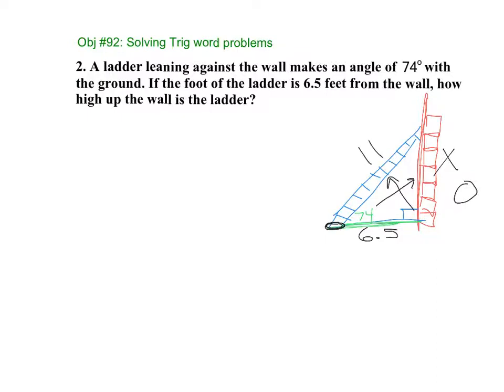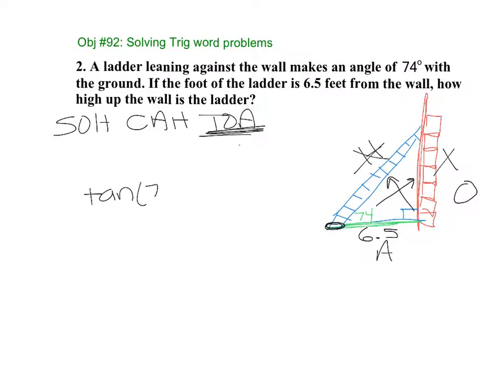The ladder is our hypotenuse. It's on a diagonal, it's leaning, and then adjacent. So is this sine, cosine, or tangent? This is a tangent. We have the O and the A. So tan of 74 equals opposite over adjacent. These are the easy ones. Cross multiply.